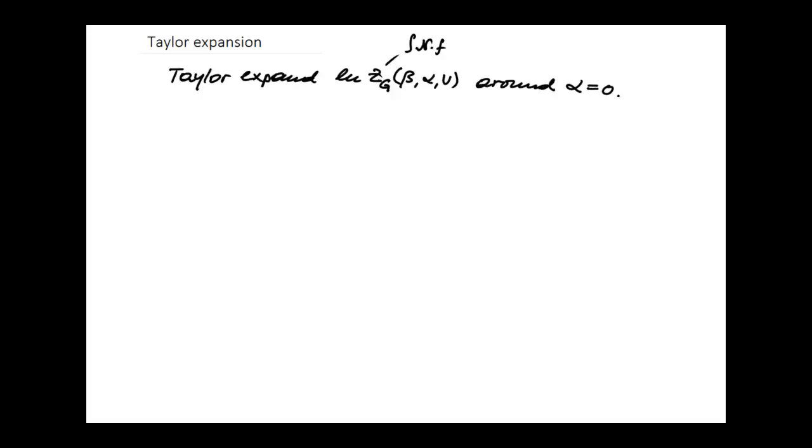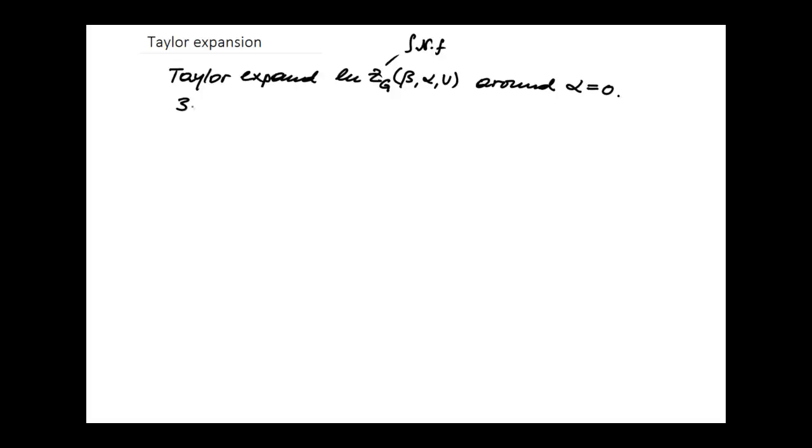Now, the fact that alpha goes to 0 allows us to approximate that partition function with a Taylor expansion around alpha equal to 0. So the idea is to Taylor expand the log of the grand canonical partition function as defined in the continuum limit, to expand that around alpha equal to 0.